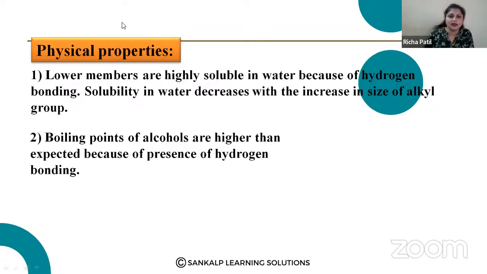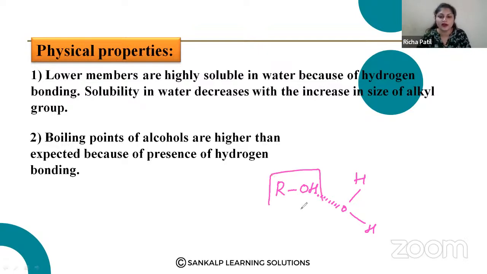See, alcohol is ROH, and water is H2O, so it has strong hydrogen bonding with alcohol. So the lower members are highly soluble, but the solubility in water decreases with increase in size of the alkyl group. If the size of the alkyl group increases, what will happen to the solubility in water? It will decrease.